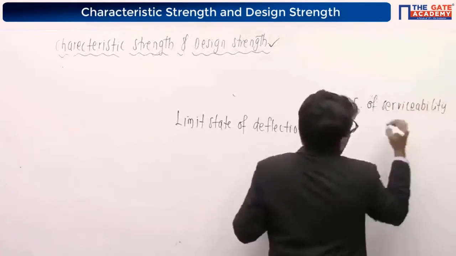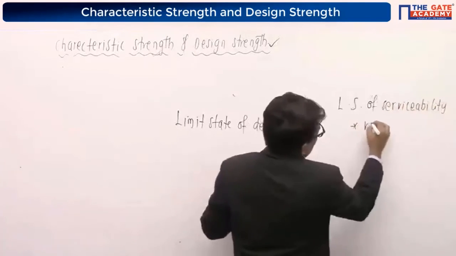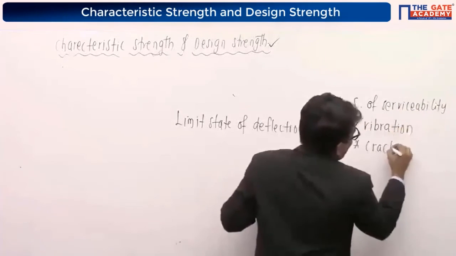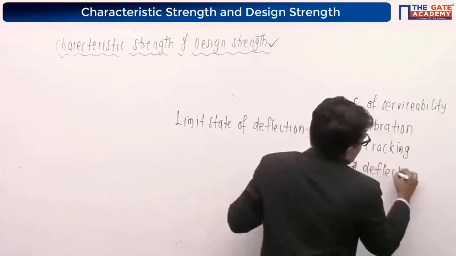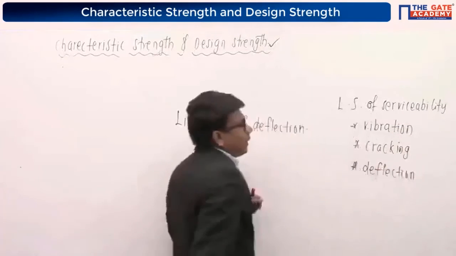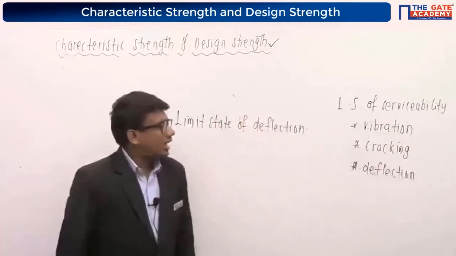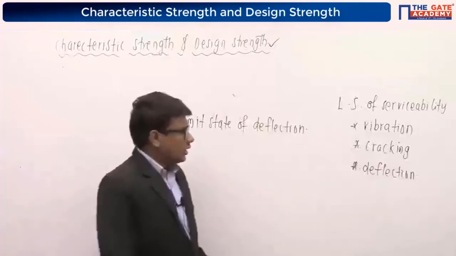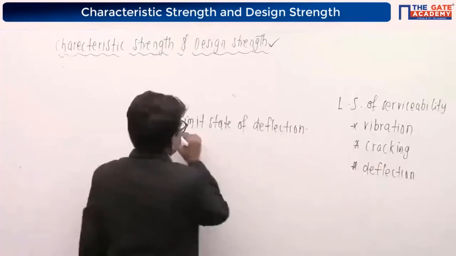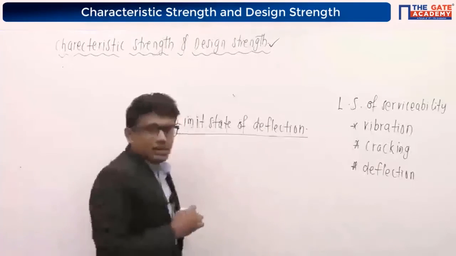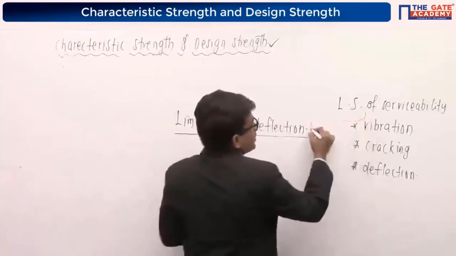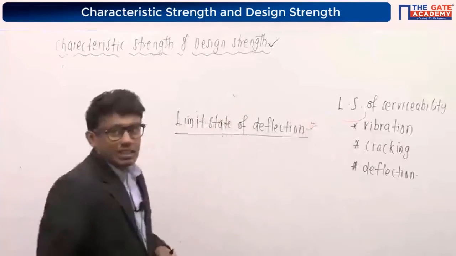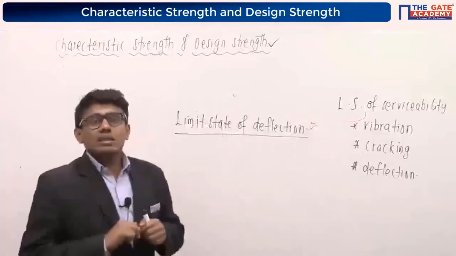A limit state of serviceability mainly deals with vibration, cracks and deflection in the structure. So that's the meaning of this. When we consider limit state of deflection, it automatically comes under the term limit state of serviceability.